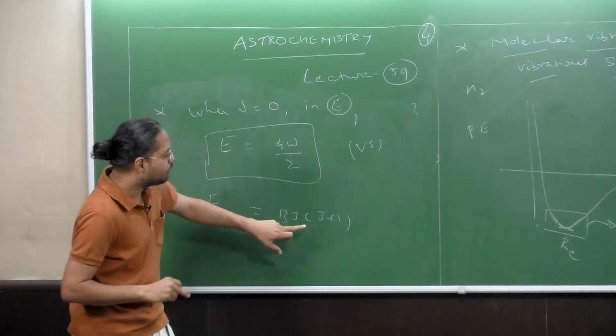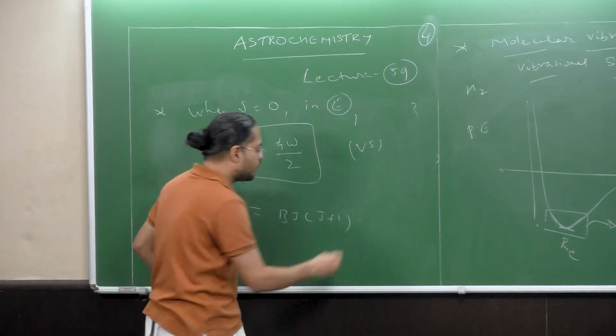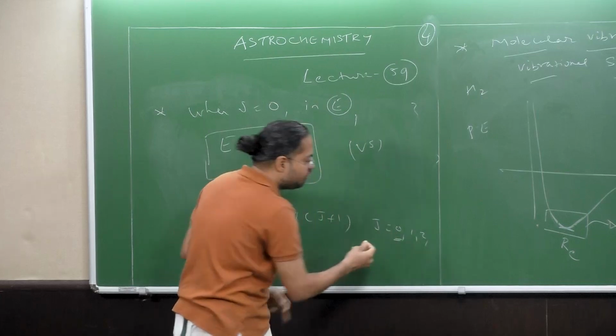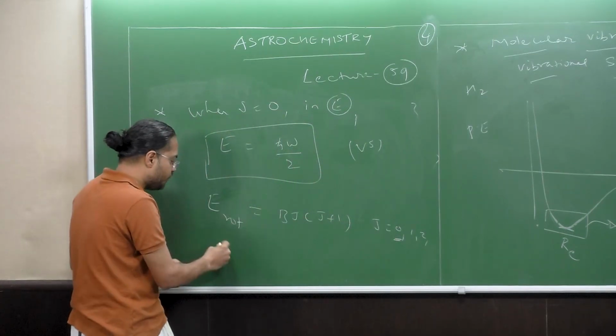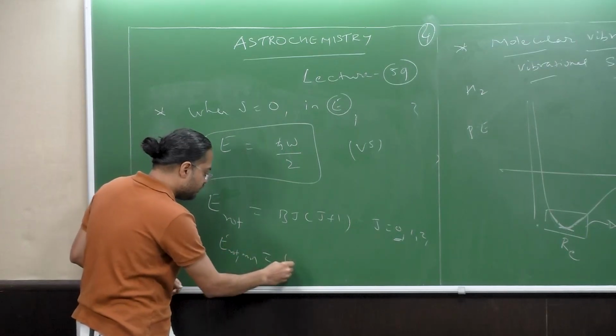And what was the condition on j? The lowest value that j could have, 0, 1, 2, 3, etc. And the least value of j is going to be 0. So the smallest value of E rotation, I'll just call it E rot min, is 0.